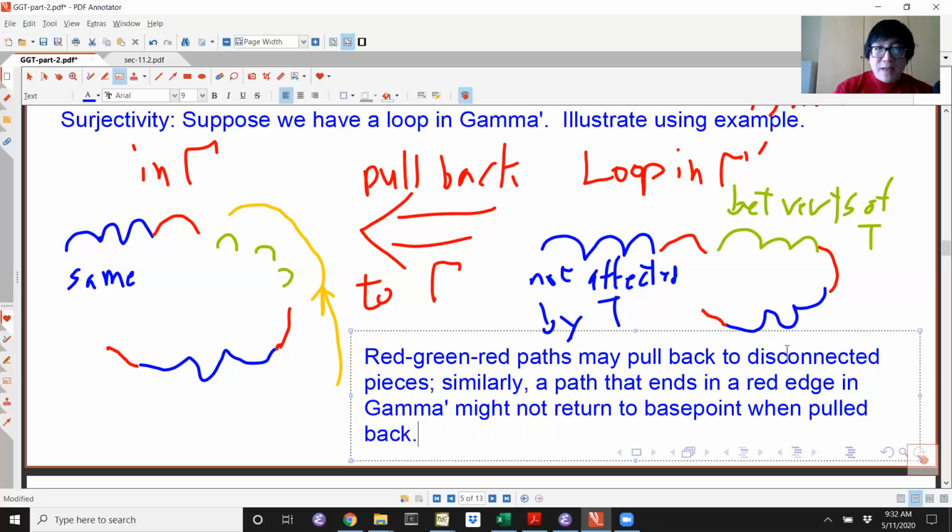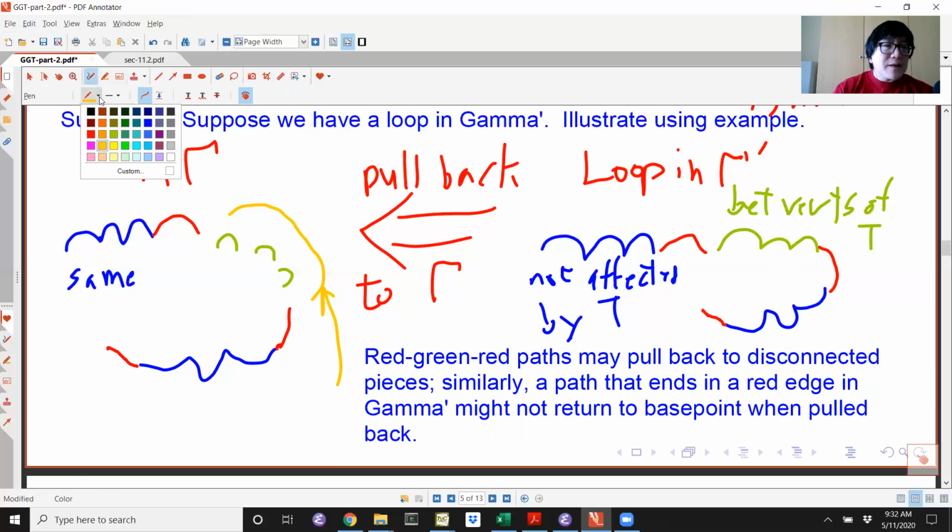Here's the deal. I should indicate exactly where the remnants of the collapsed version of T show up over here. So remember the collapsed version.